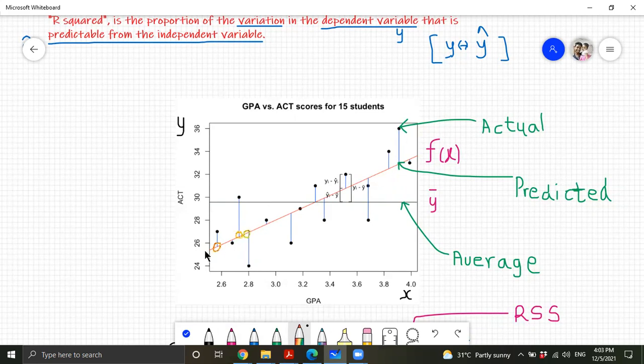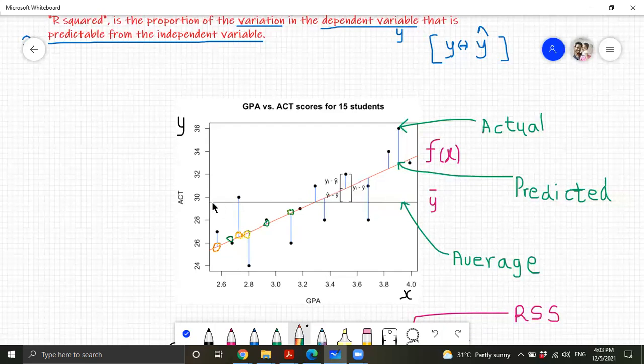So our model will predict the outcome, in this case the ACT, as these points. The blue lines are the variation between the predicted and the actual, or the actual and the predicted.